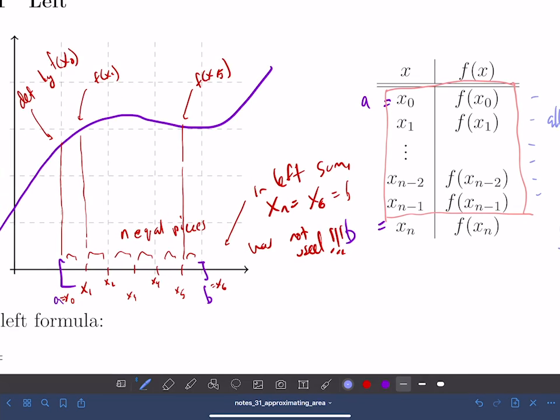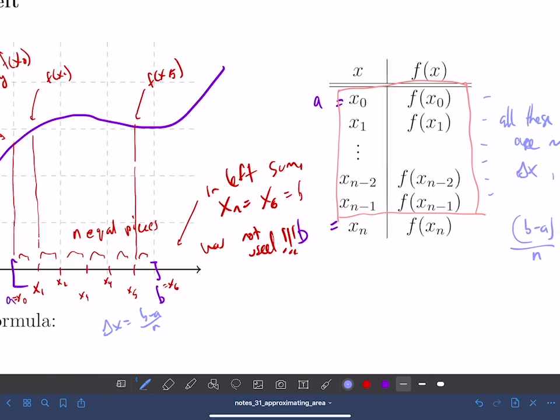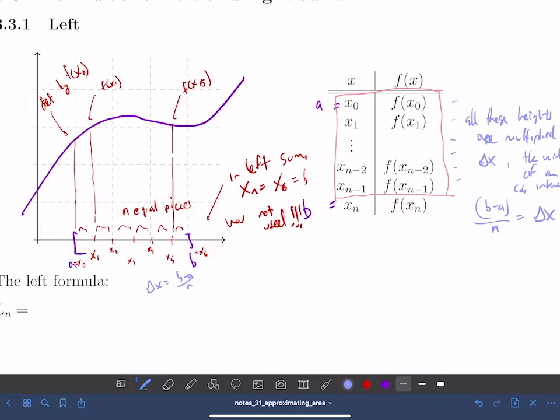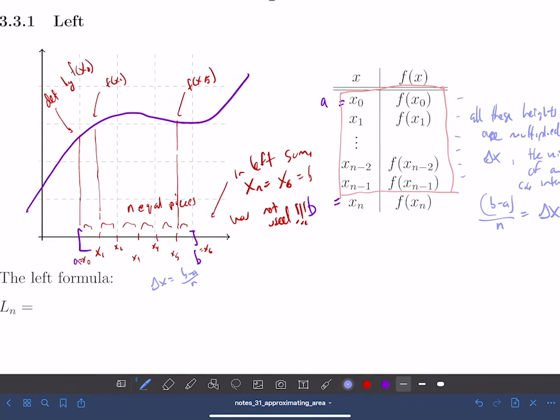Because I have an interval of width b minus a, and I'm breaking it into n pieces, and the width of an interval then is delta x equals b minus a over n.